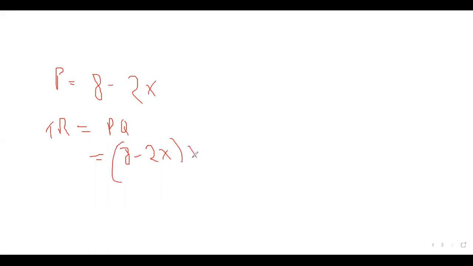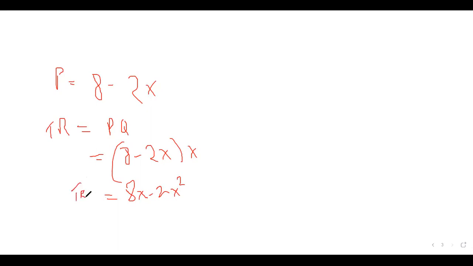Our quantity is just Q. In this case, we're using the letter x, so it is x, right? So our total revenue becomes 8x minus 2x squared. This is our total revenue.